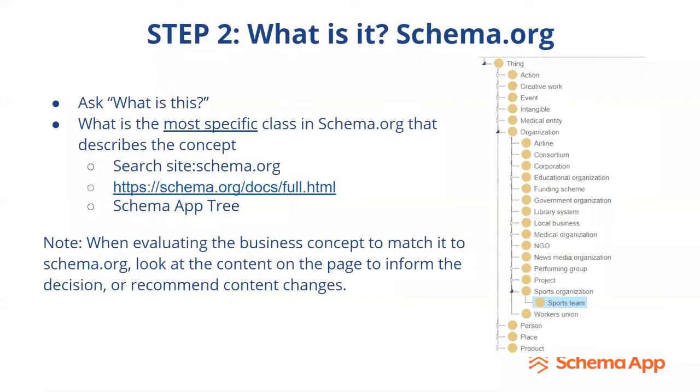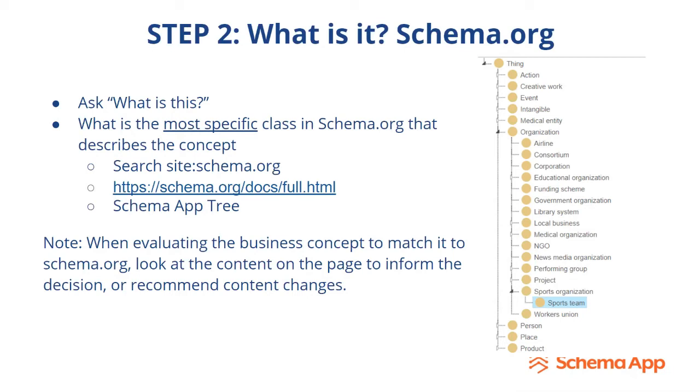What is it? This can actually be one of the harder questions to answer when you're first engaging with schema.org. It can be a little overwhelming. So you just have to ask the question, what is this thing? Guelph Storm is the name of the business, but they're a sports team.